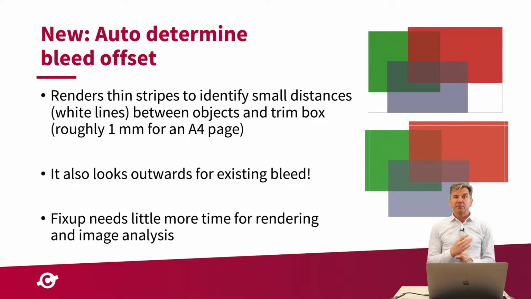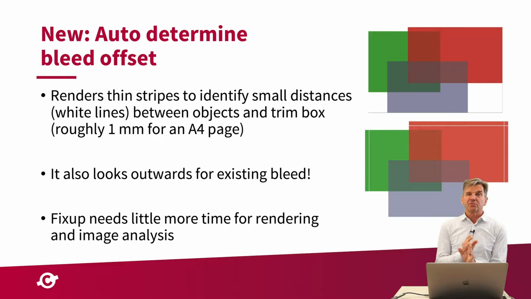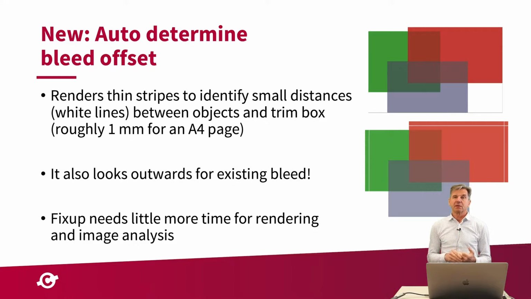Yeah. So what you can do in pdfToolbox 15, you can render small stripes along the trim box, and if pdfToolbox finds there indeed are objects quite close to the trim box, but not at the trim box, then it will move the line where it mirrors to that edge of the object.